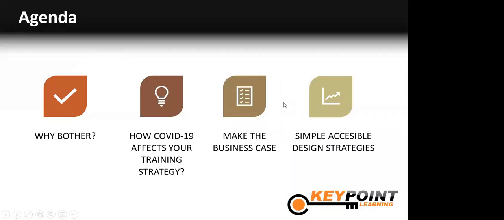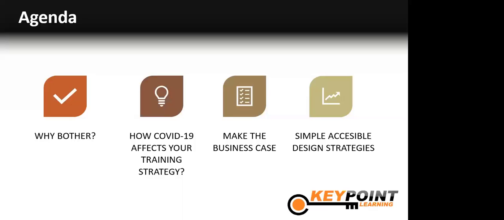Okay, so there are 4 topics that I'm going to cover with you during this session. I'm going to start off by answering the question of why even bother? Why should you even care about making your online training accessible? Then we'll talk about the curveball that COVID-19 has thrown all of us in the training world.